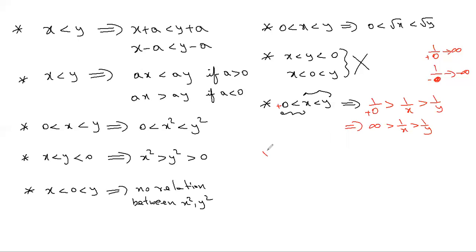Next, both are negative. Kind of x less than y less than 0. Here you need to understand that less than 0 means negative 0, kind of. That implies 1 by x is greater than 1 by y is greater than 1 by minus 0. That implies 1 by x is greater than 1 by y is greater than minus infinity.